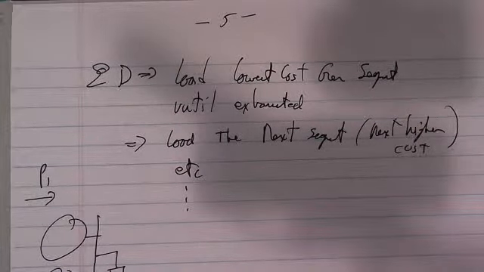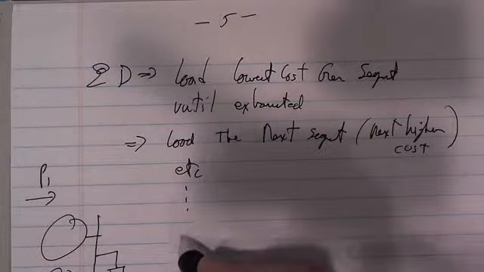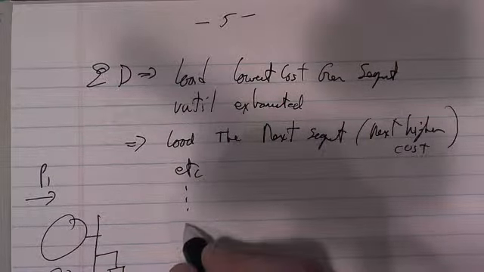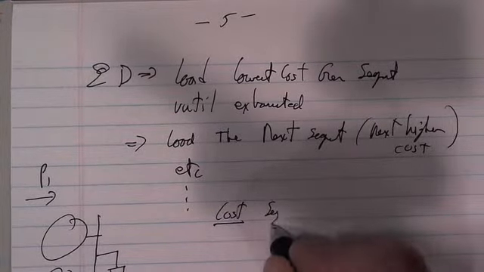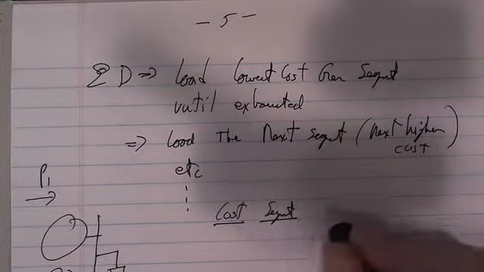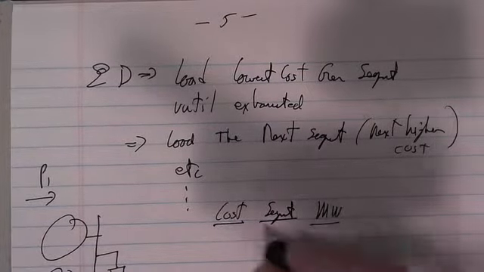I'm not worried about transmission lines and so forth. So I'm going to order these segments up as follows. Here we'll put a table: cost, the segment label, and the megawatts that it can supply.